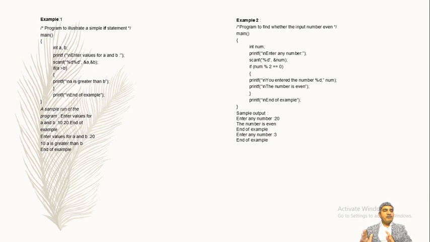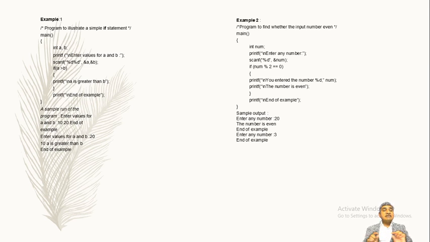A sample run of the program. First, enter the values for A and B, which is shown on the screen. We enter 10 and 20 using the scanf function. Now A is 10 and B is 20. End of example, because A is not greater than B. A is 10, B is 20.